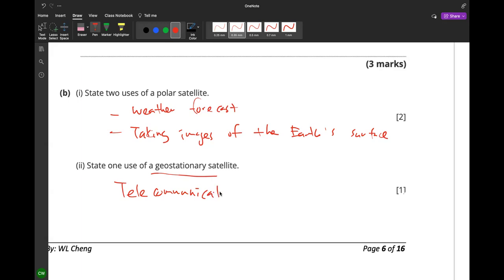Broadcasting. Telecommunication. Okay, so if the next time I ask about geostationary satellite, you should know it's for broadcasting.